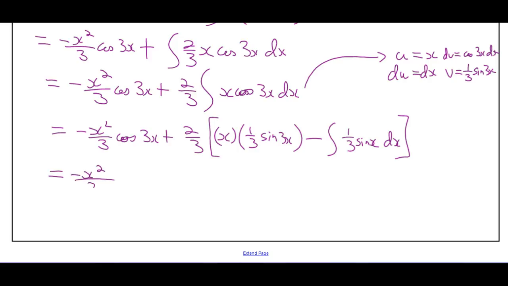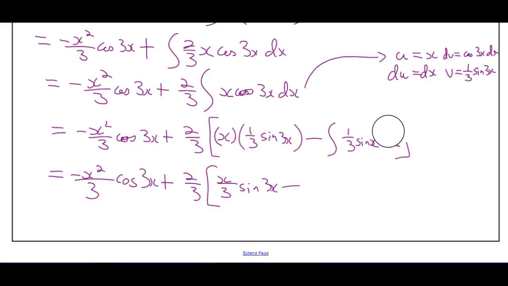All right, so the first part is just along for the ride. Here we get x over 3 sine 3x, and here we get what? Oh wait, that's a sine 3x. How come somebody didn't say it? Sine 3x dx.